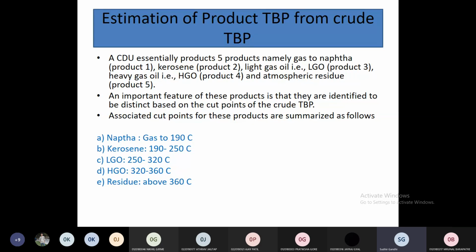That is what I have done. Typically naphtha is a little wider range from gases, maybe 30 to 190 degrees centigrade, kerosene 190 to 250, LGO 250 to 320, HGO 320 to 360. These are the typical cuts considered for a true boiling point distillation.